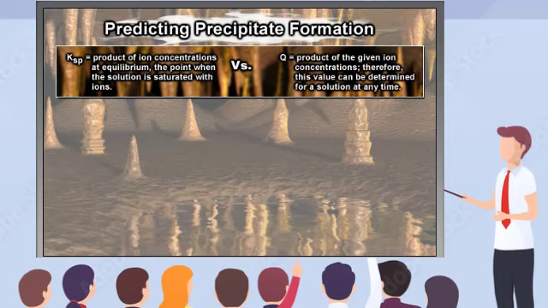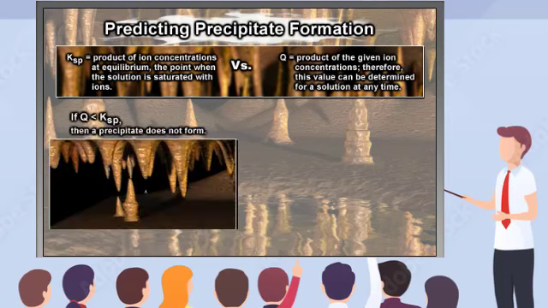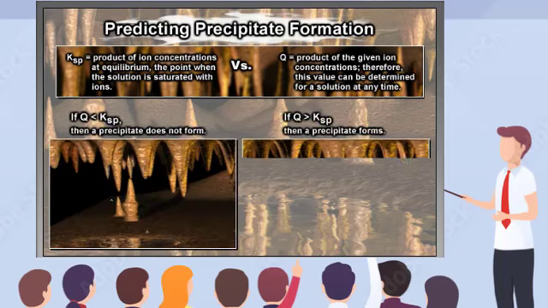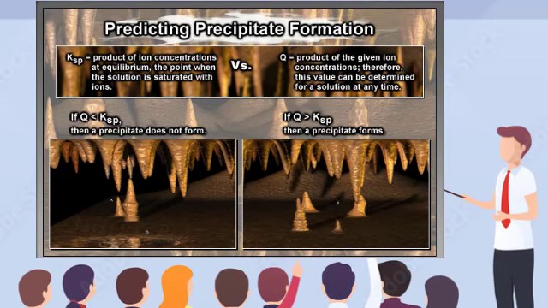However, the Q value is calculated by multiplying the ion concentrations of a solution at any point, not just when it has achieved equilibrium. If Q is less than Ksp, a precipitate does not form. On the other hand, if Q is greater than Ksp, then a precipitate forms.